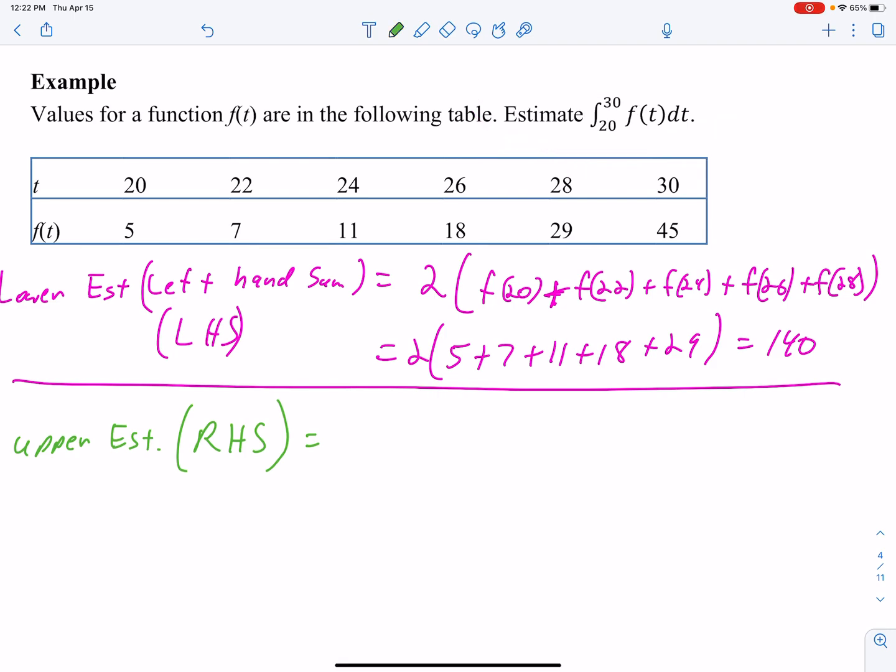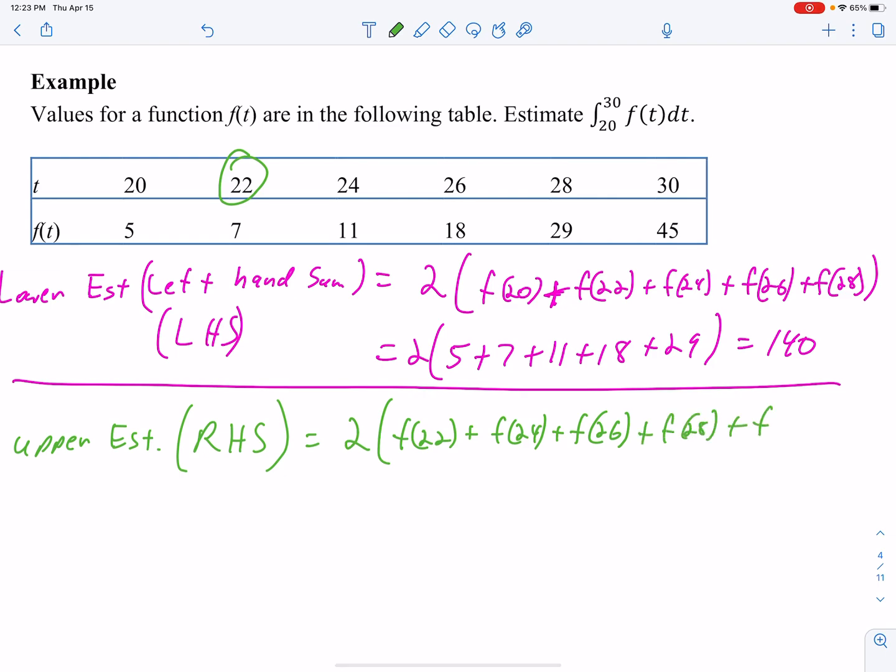We're still using intervals of 2 seconds, that's the delta t. Then we're going to start at f of 22: f of 22, plus f of 24, plus f of 26, plus f of 28, plus f of 30.